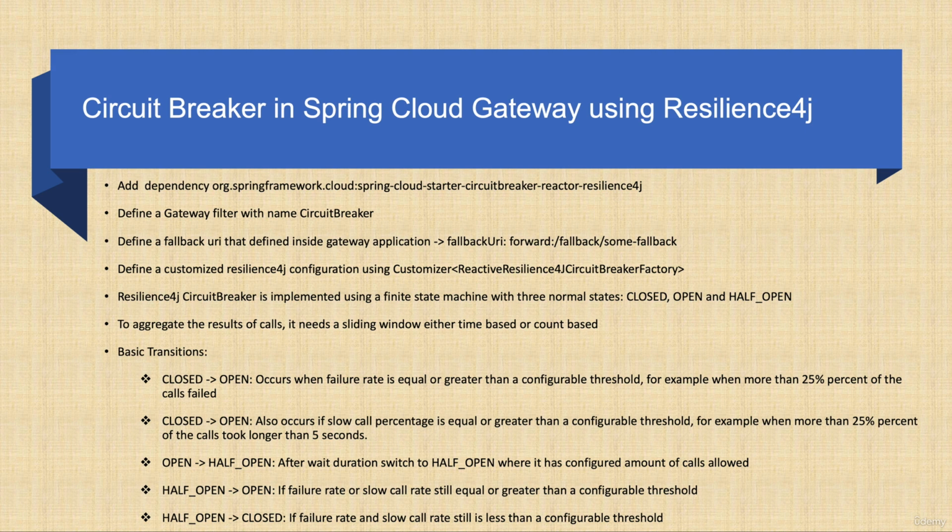After the configured wait duration passes, the state can transition from open to half open, where a configured number of calls are allowed. And half open to open transition occurs if the failure rate or slow call rate is still equal to or greater than a configurable threshold. And finally, half open to closed transition occurs if the failure rate and slow call rate are less than a configurable threshold.